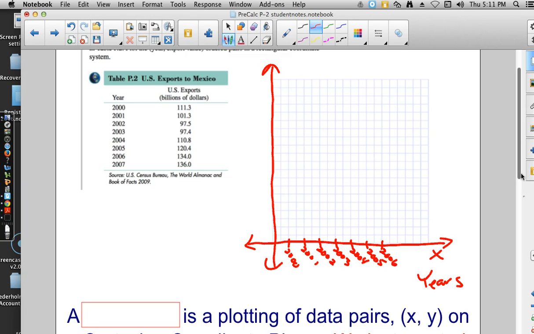And we know these are not the toughest things we're ever going to do. It's kind of putsy, but we know what we're doing. We have to see the scatter plot so we can see how the data are related. So over here we would have US, doesn't look much like a U, exports, and we definitely want to tell people billions of dollars.